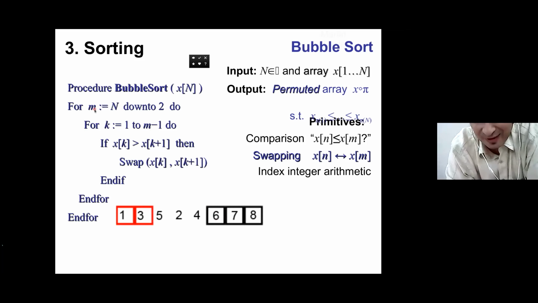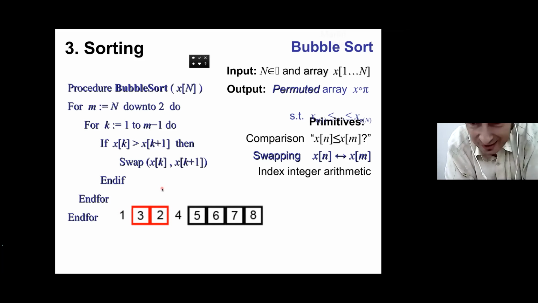So m is just the index of the rightmost non-black element. And at the end of this loop, xm is correct, and then you simply put m down, and you can continue doing it.